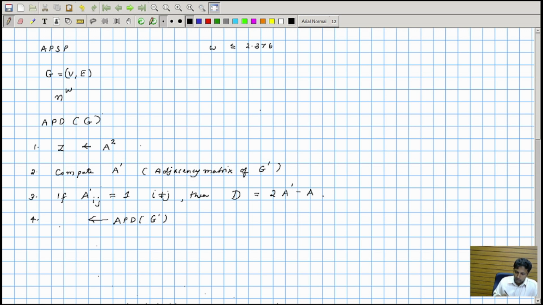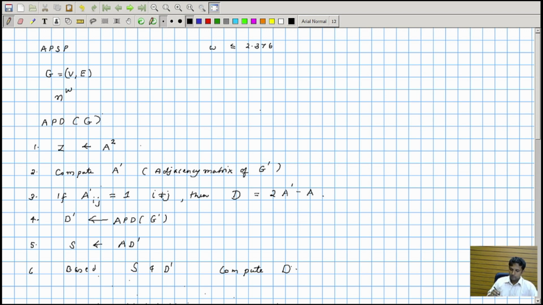We will make a recursive call, and this is, let us say, D prime. And we compute S as A D prime, and based on S and D prime, compute D, the distance between any two pair of points.